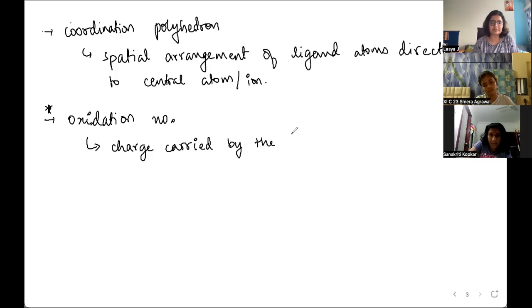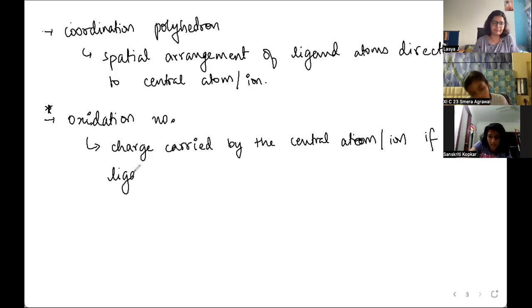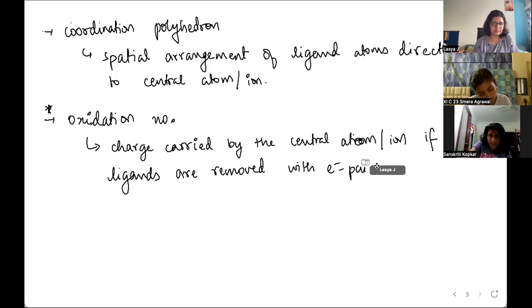It is the charge the central atom or ion would carry if all the ligands are removed, with the electron pair shared. So oxidation number is important.